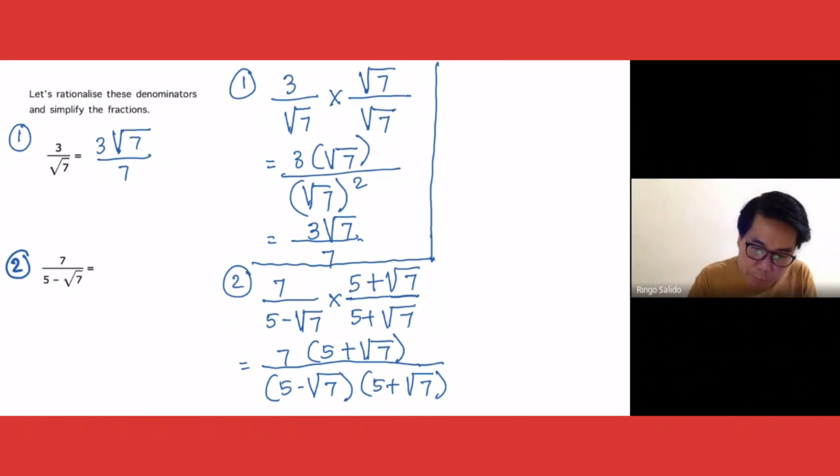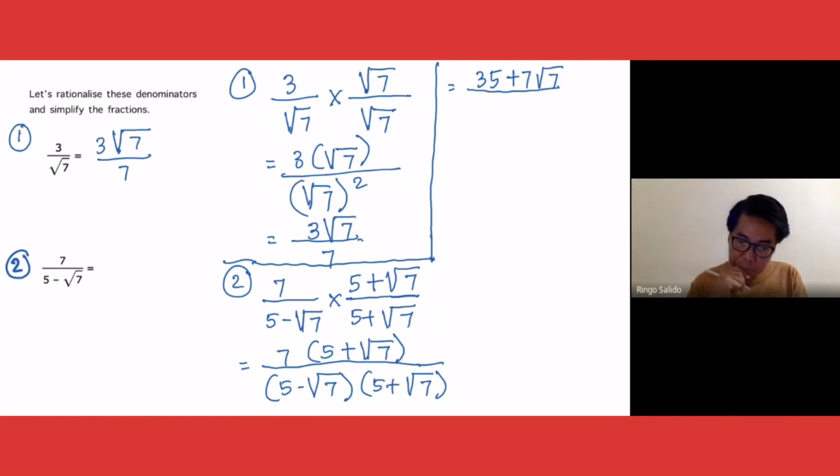Okay, now, so I'll tidy up the numerator. So 7 times 5 is 35. And then 7 times positive root of 7 is 7 times root of 7.